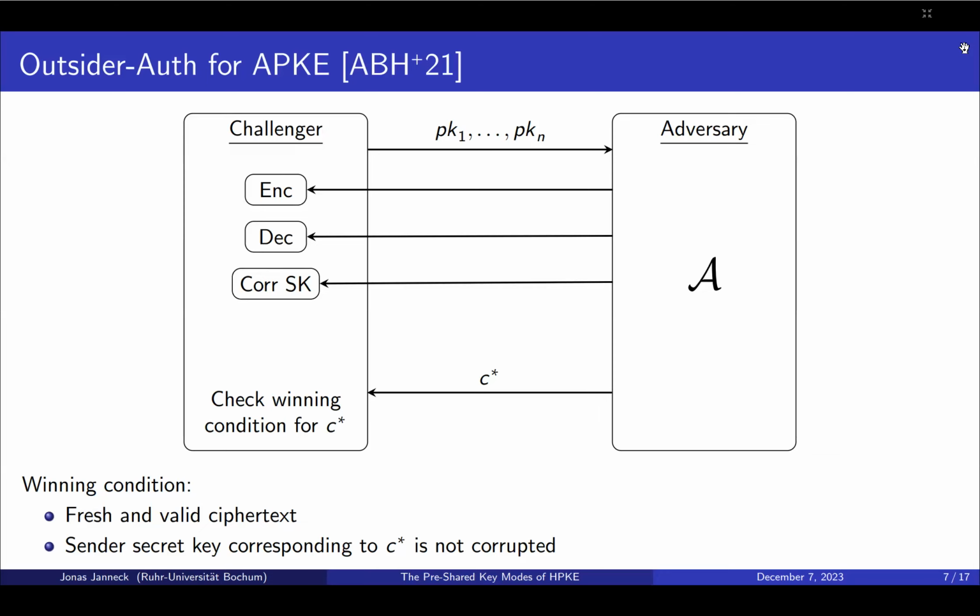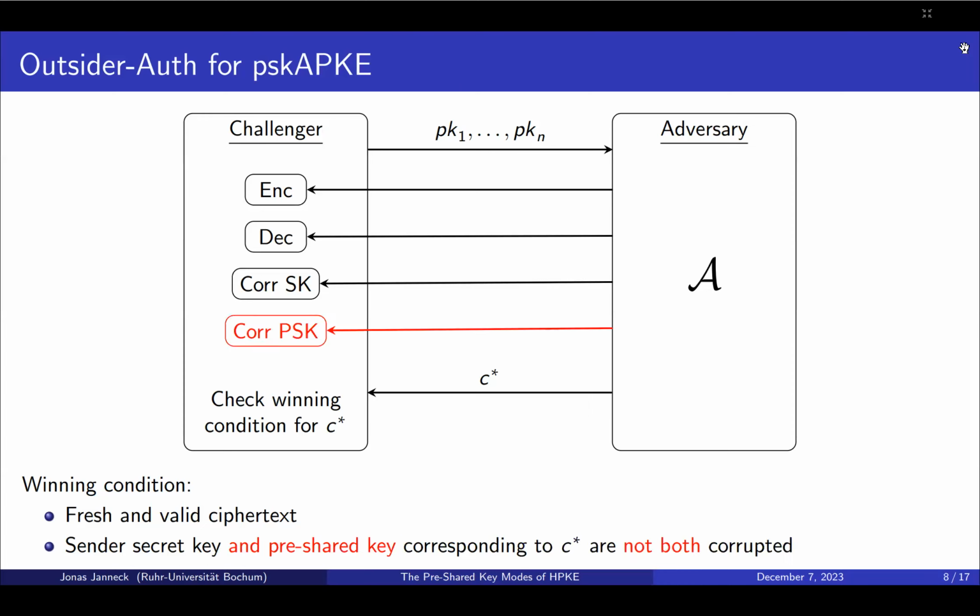Okay, and building up on this notion for the authenticated PSK primitive, we have two differences. So first of all, we also have the pre-shared key. So we provide the adversary an oracle to allow also the corruption of pre-shared keys, now for both the secret keys of users as well as the pre-shared key.